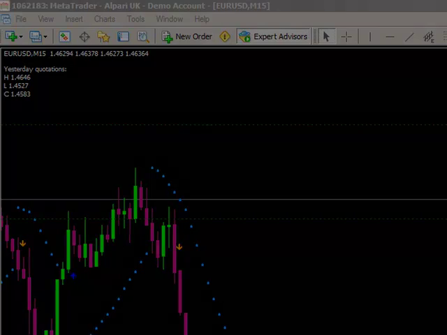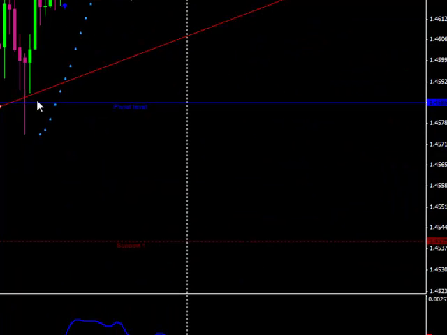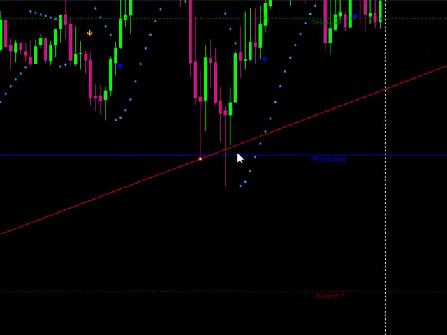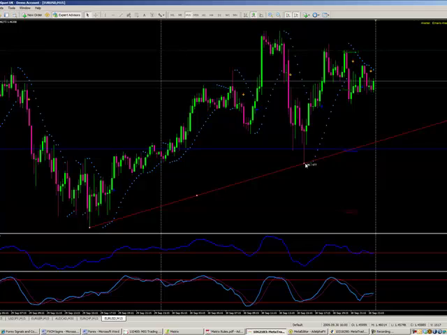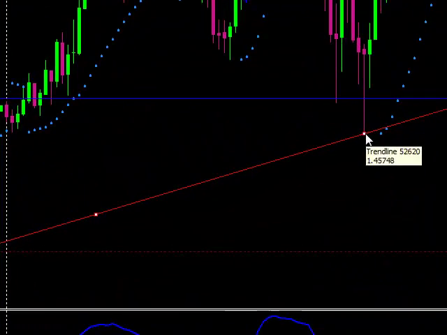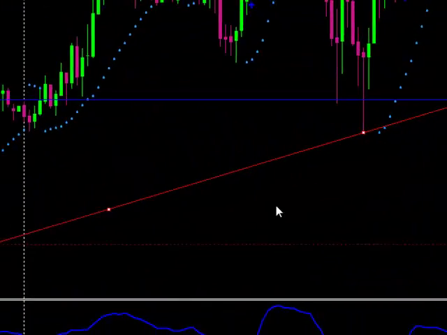What you're looking at here is a 15-minute chart of the Euro USD. And when we first look at a chart, when we bring it up, the process that we go through, we look at three main things. Where do we have a potential trend line, which is actually where price got down to earlier today.